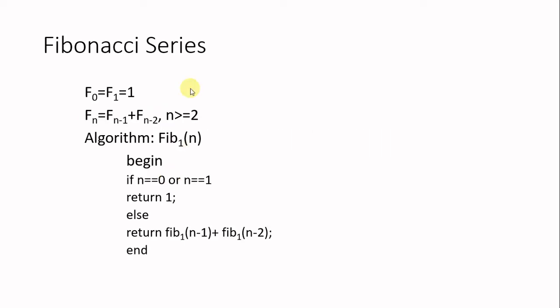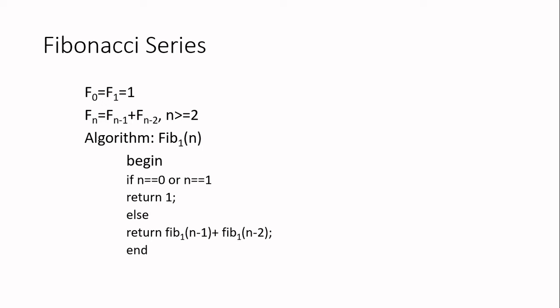So let us see a recursive Fibonacci series algorithm, and we know this algorithm. f0 equal to f1 equal to 1, then you can compute fn as fn minus 1 plus fn minus 2 for all values of n greater than or equal to 2. This algorithm you can call fib1 of n. Begin: if n is equal to 0 or n is equal to 1, naturally it will return 1, because the 0th and first elements are 1.